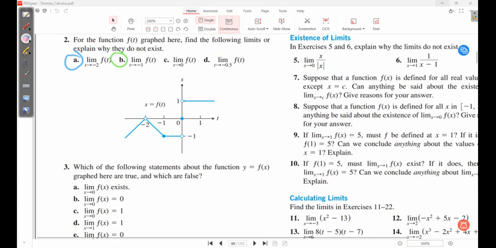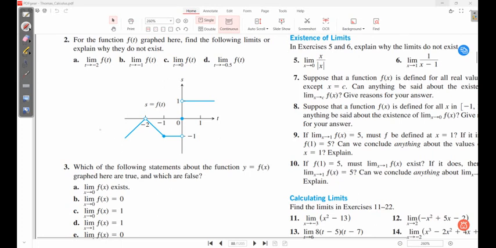Okay, let's go to C. But sir, you haven't said, is it continuous or discontinuous? And if it exists or not. What do you mean if it exists or not? But the question is saying, what's the question saying? Besides the limits, you also explain why the limit exists.